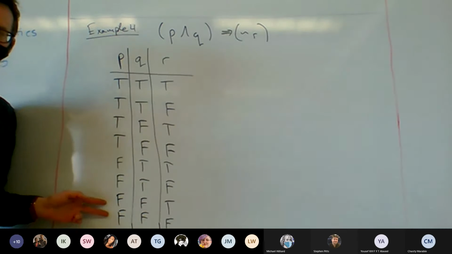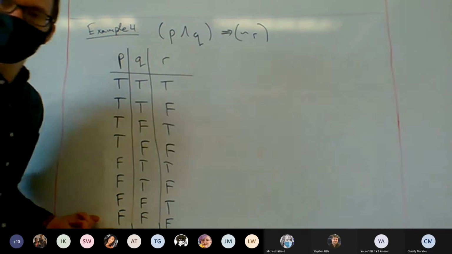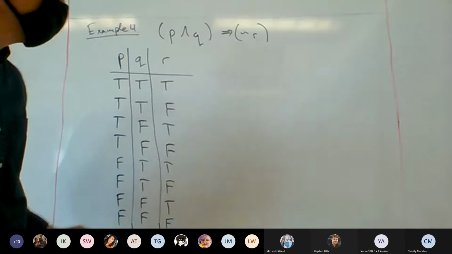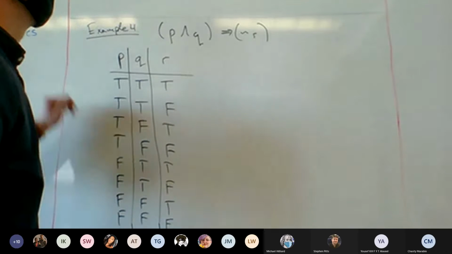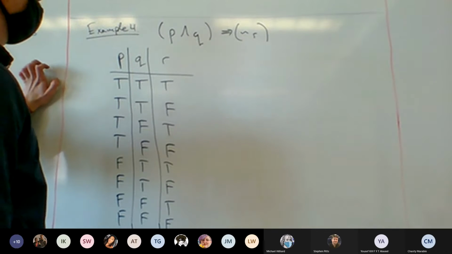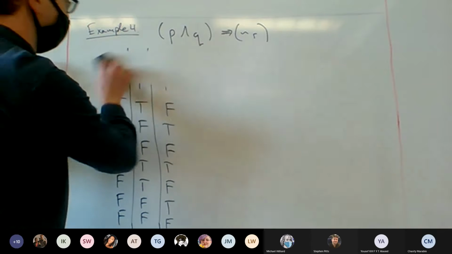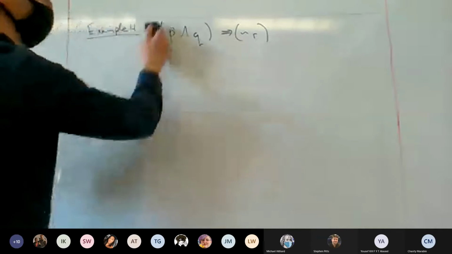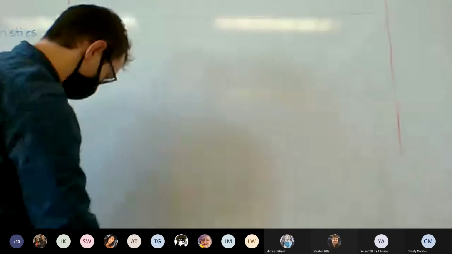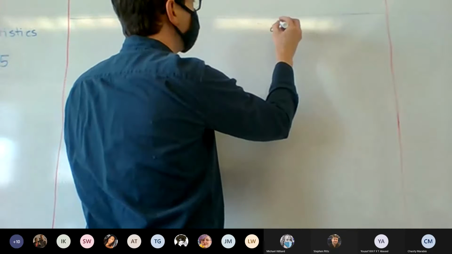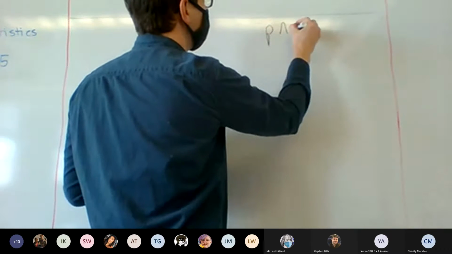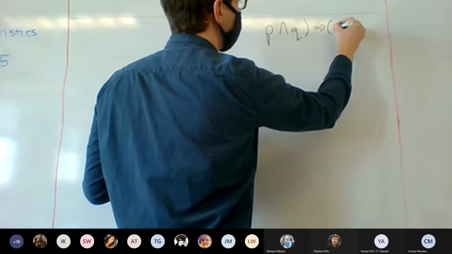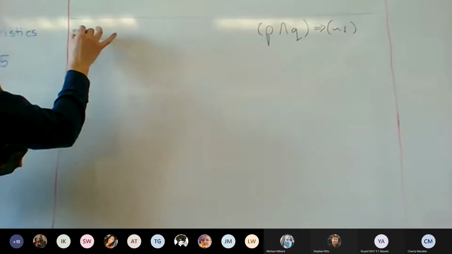Just in case these last two rows are not visible... no, that is not good. P and Q implies not R. All right, you're good, just wait 1 second, don't erase what you have, I'm going to readjust here and really try to maximize my space.